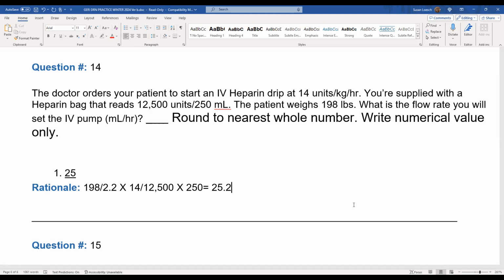Was everybody able to get there? Yes. Okay, anybody still not able to get there?